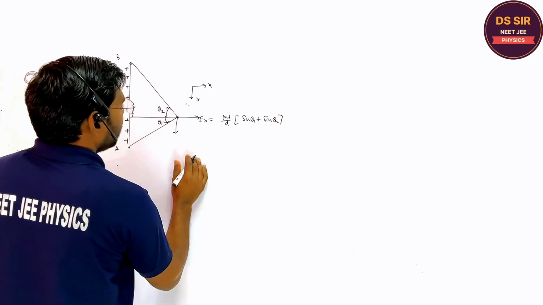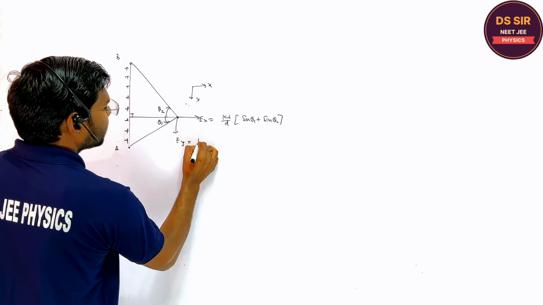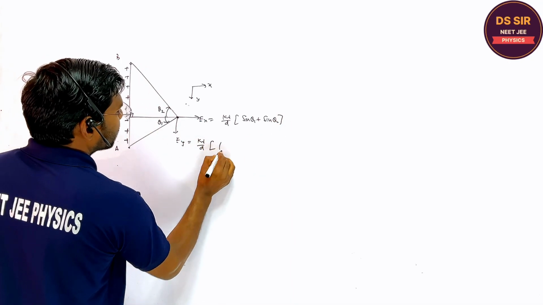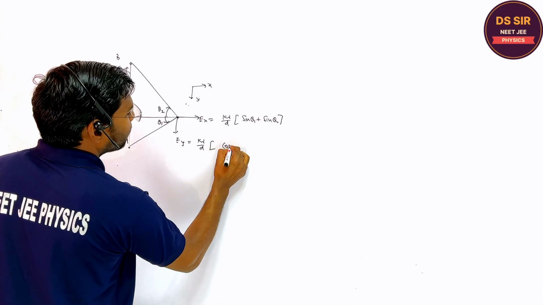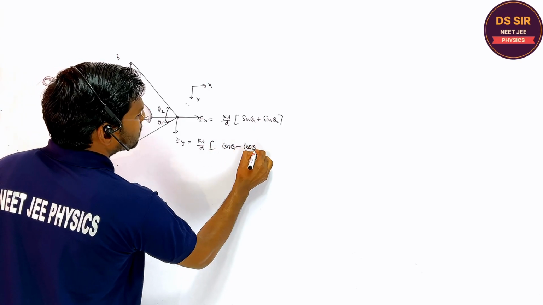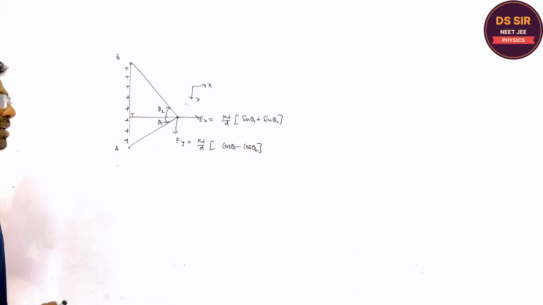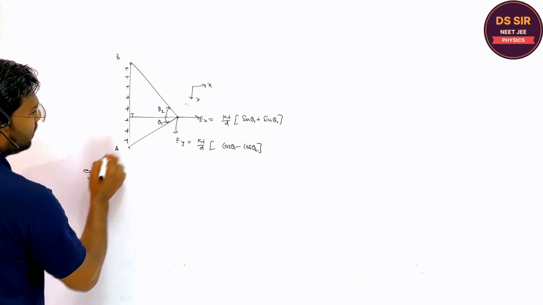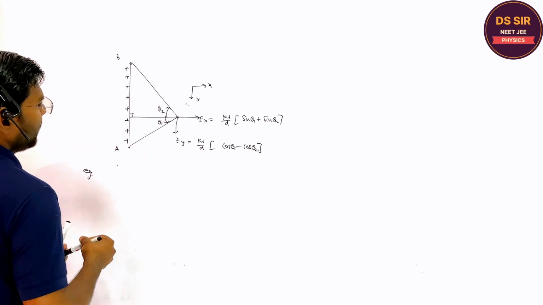Is it clear? And this is the Ey, k lambda upon d, it is (cos theta 1 minus cos theta 2). Fine. So I'm giving a few more examples.